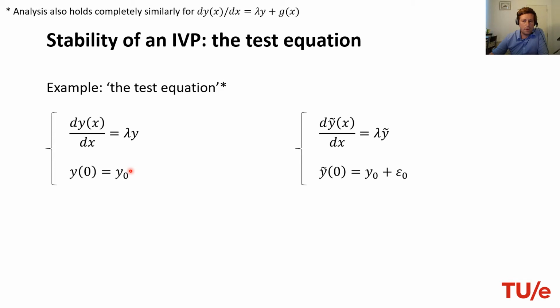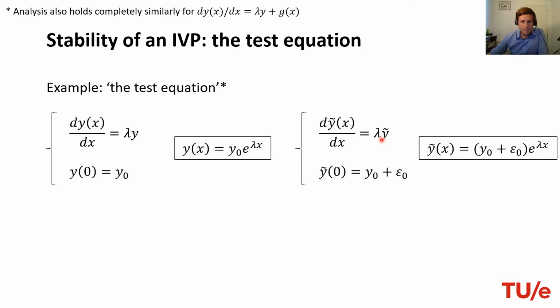We also consider a perturbed test equation where the initial condition is perturbed slightly with this small epsilon 0, but the ordinary differential equation followed by this perturbed solution y tilde is the same. So on the right hand side we have lambda times y tilde.